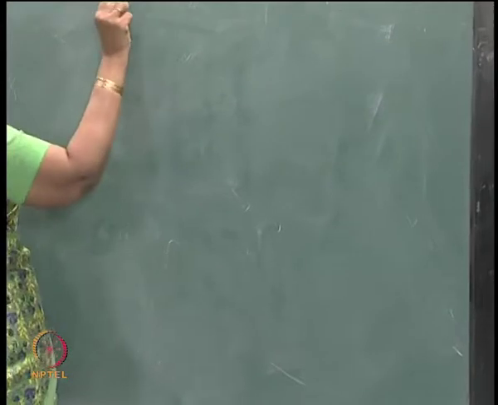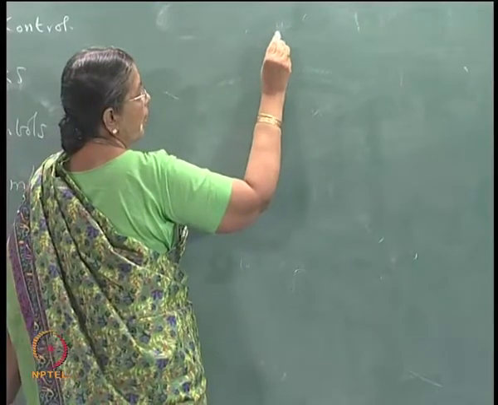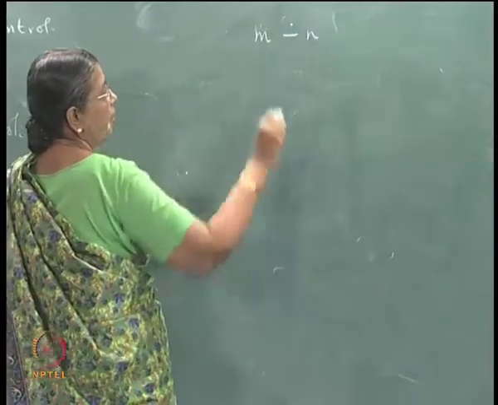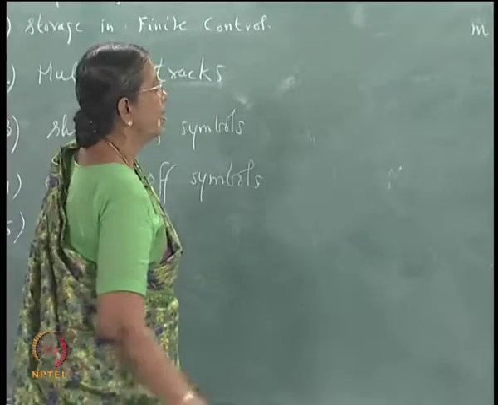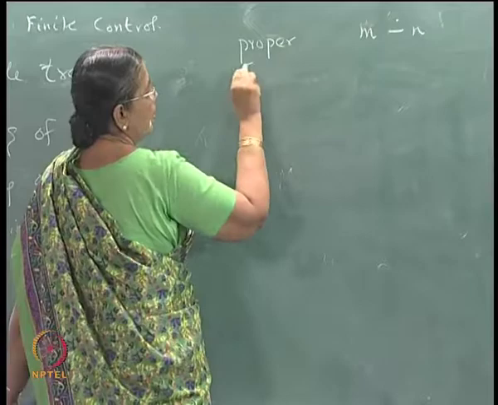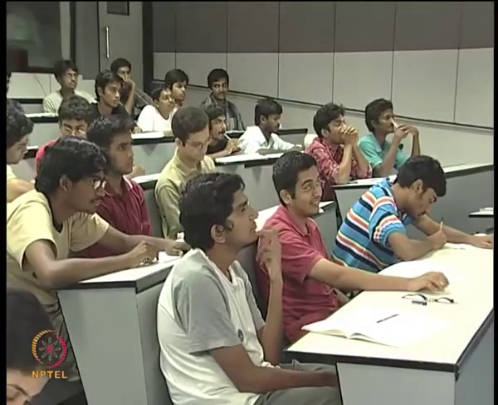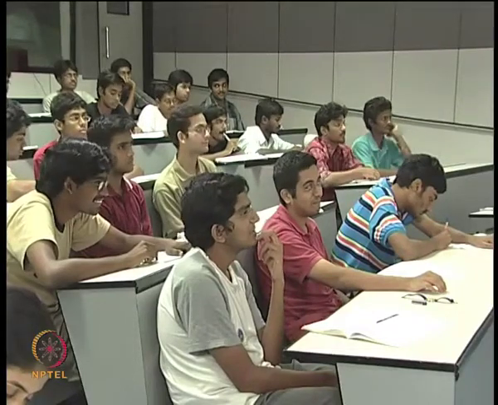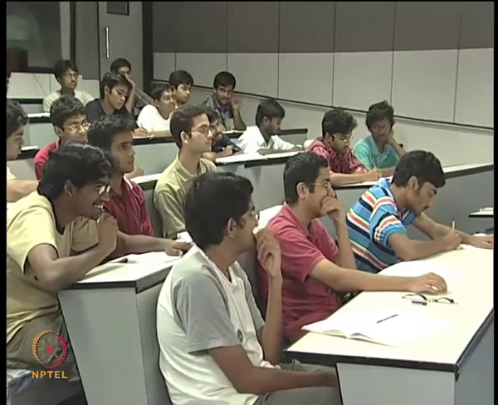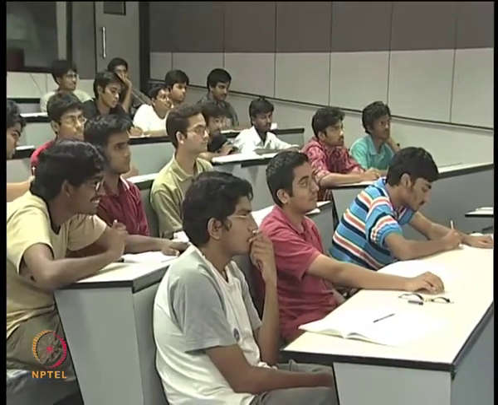One more example, suppose I want to compute a function m minus n, this is proper subtraction. How do you compute this? Input is given as 0 power m 1 0 power n.